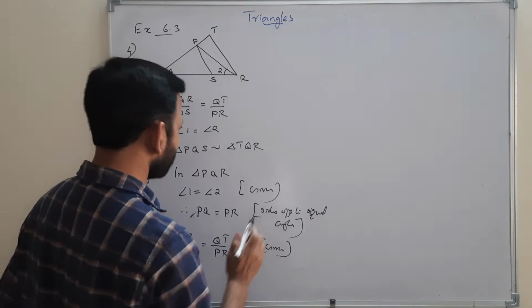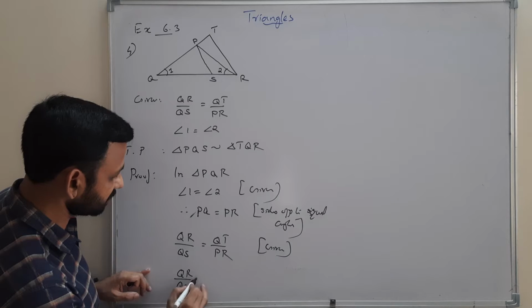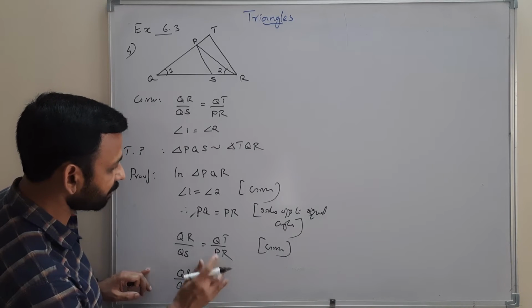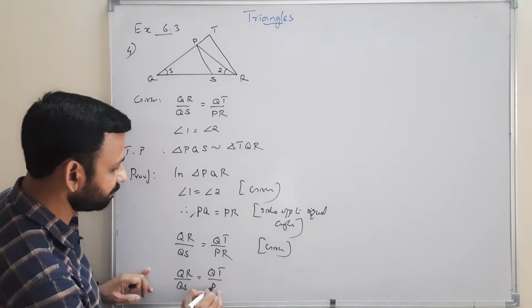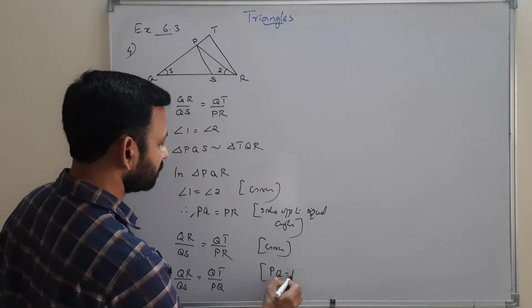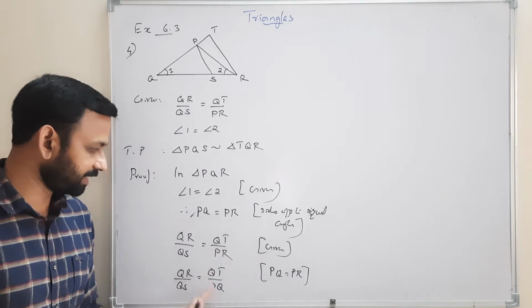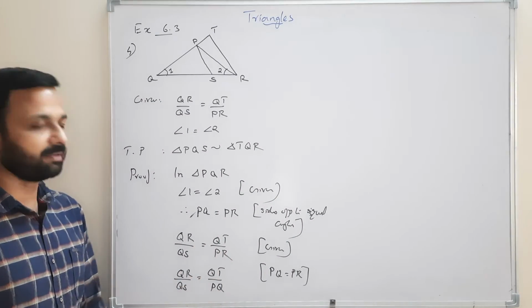The same ratio, QR upon QS is equal to QT upon PR, can be written with PR replaced by PQ, since PQ is equal to PR, as we already proved.